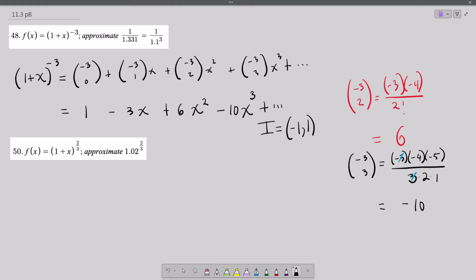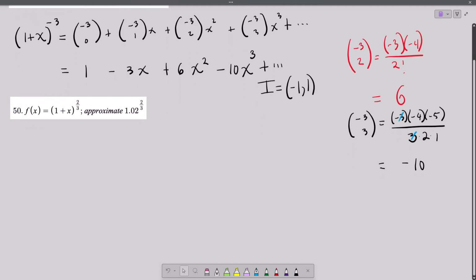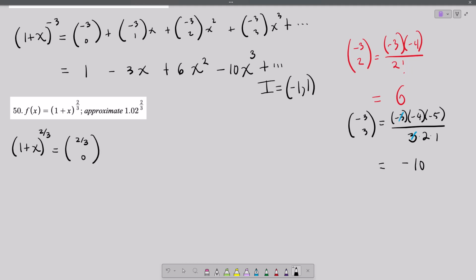So now let's try one with this fractional exponent of 2/3. Again, my recommendation is the first step, just write out the generic series like that. So our p-value is 2/3, so we're going to start with 2/3 choose 0.